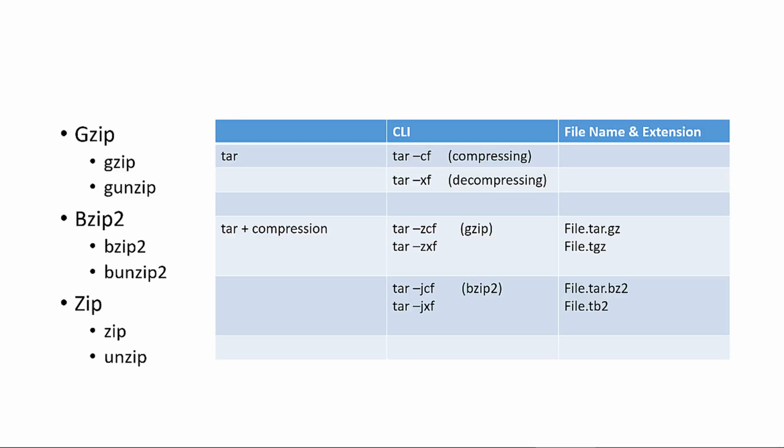Okay, so now we have to move on to different algorithms for compression. We have gzip, bzip2, and zip. So gzip is GNU zip, and of course it's a compression utility. It's designed to replace compress. bzip2 is a freely available, patent-free data compressor using the Burrows-Wheeler algorithm, and it typically compresses files to within 10 to 15% of the best available techniques.